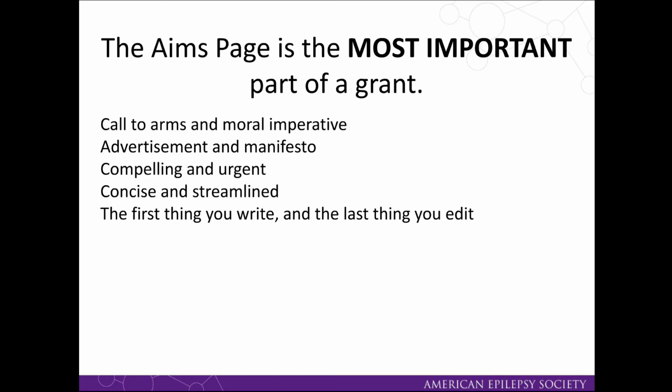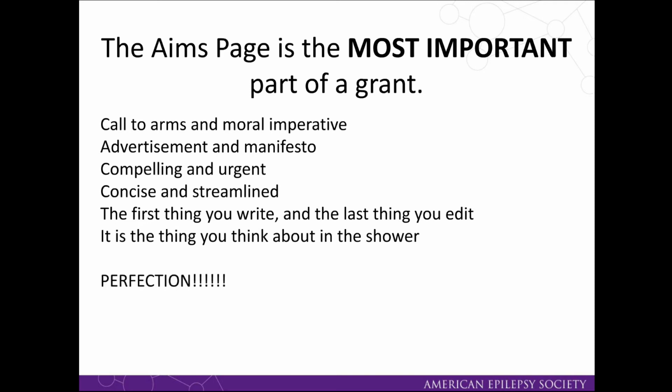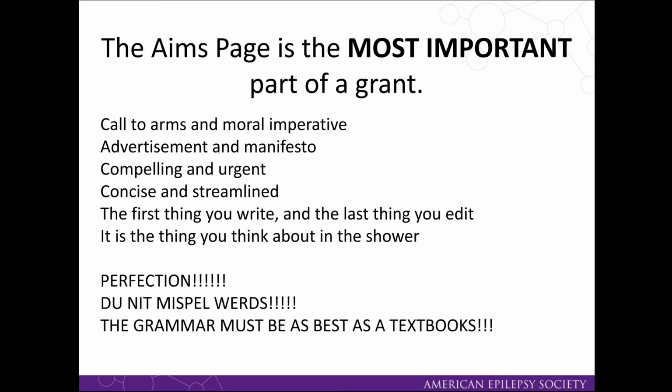The aims page is the first thing that you write when you are submitting a grant, and it should be the last thing that you edit because this page has to be perfect. You know you're on the right track if you're thinking about your aims page when you're in the shower in the morning. It has to be perfect. Don't misspell words, and make sure your grammar is perfect.